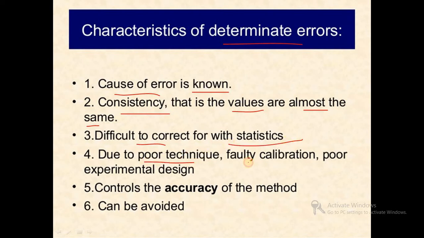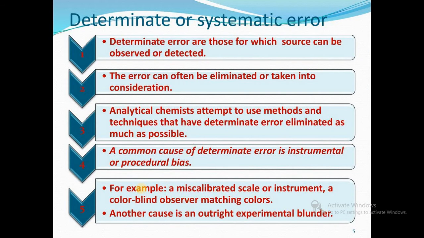Due to poor techniques, faulty calibration and poor experimental design, such types of error will arise. It controls the accuracy of the method. That type of error is avoidable.